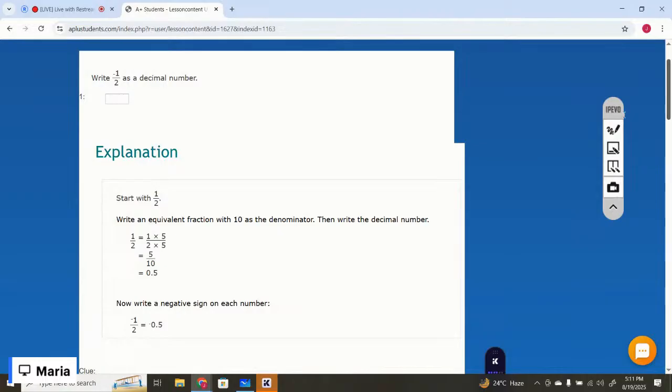So 2 times 5 is 10, so let's multiply by 5. 1 times 5 is 5 and 2 times 5 is 10.